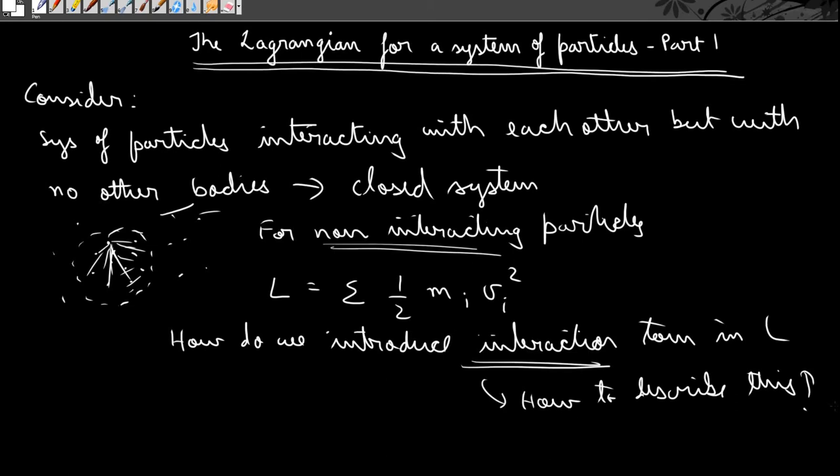Okay, and all of these kinds of non-contact forces are represented by making use of fields, and these fields are in turn defined in terms of the potential functions. So here there is no physical contact between the particles, but in spite of that they interact with each other.